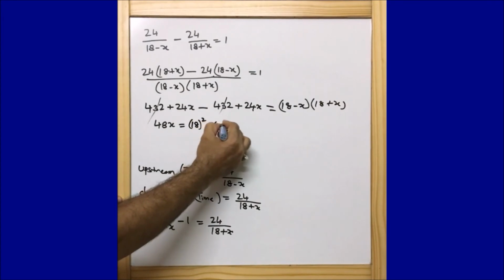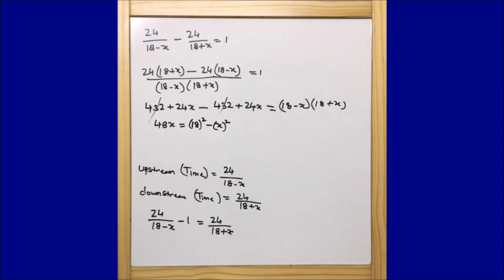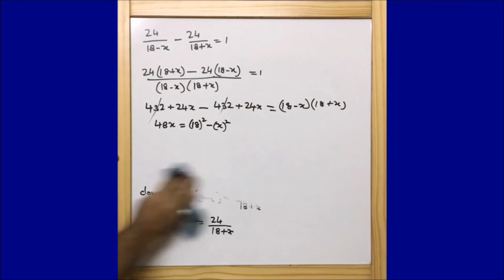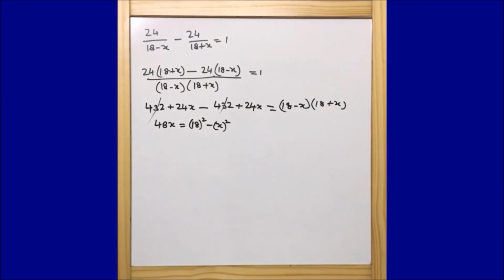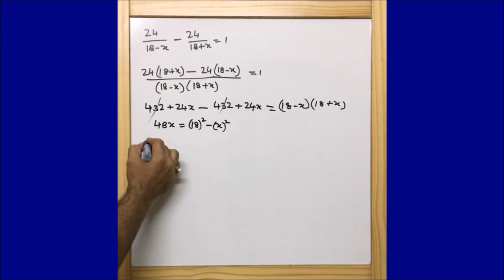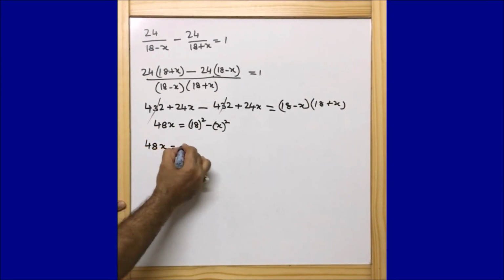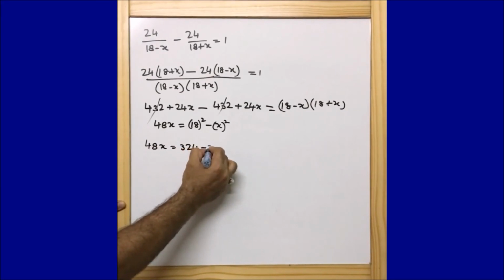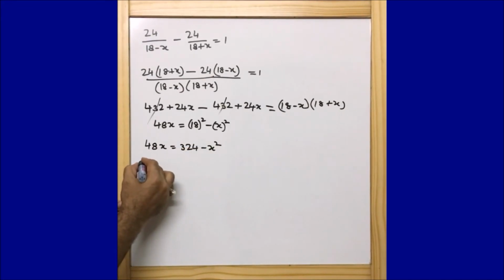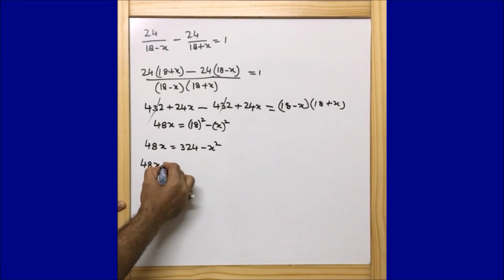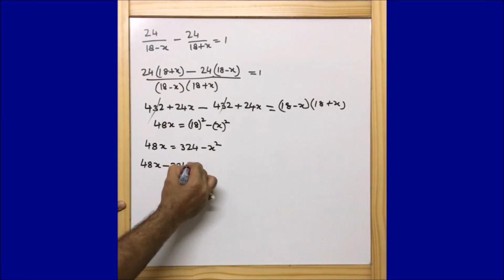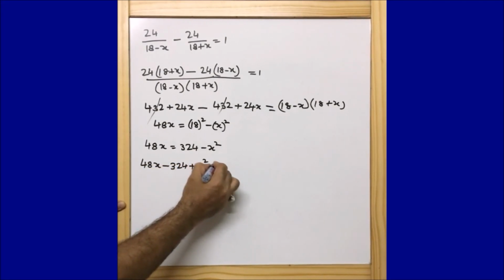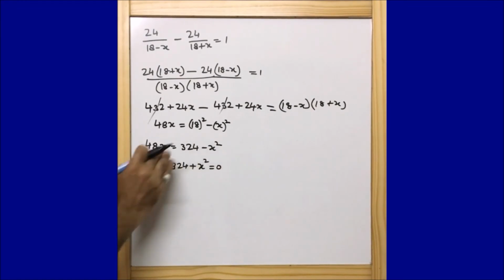So (a minus b) into (a plus b) is nothing but a square minus b square, that means 18 square minus x square. If we square 18, we get 18 into 18, which is 324. So 48x is equal to 324 minus x to the power 2, or I can write this equation as 48x minus 324 plus x to the power 2 is equal to 0, just bringing the right side value to the left side.